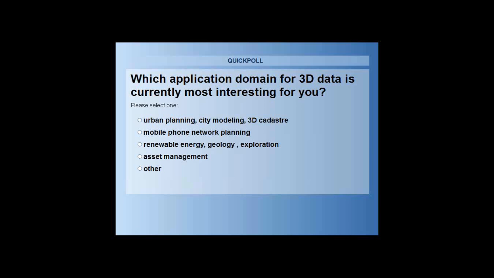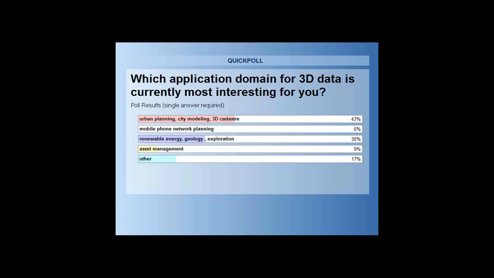With this, I can see that a huge majority of you have already answered the question: which application domain for 3D data is currently the most interesting for you. It seems to be a very clear lead for urban planning, so let me close the poll and share it with all of you. No telco representatives in the audience today, even more so from the energy domain, which we have pulled together with geology and exploration, a few people working in asset management, and quite a few others, which we unfortunately don't have the opportunity to specify here.